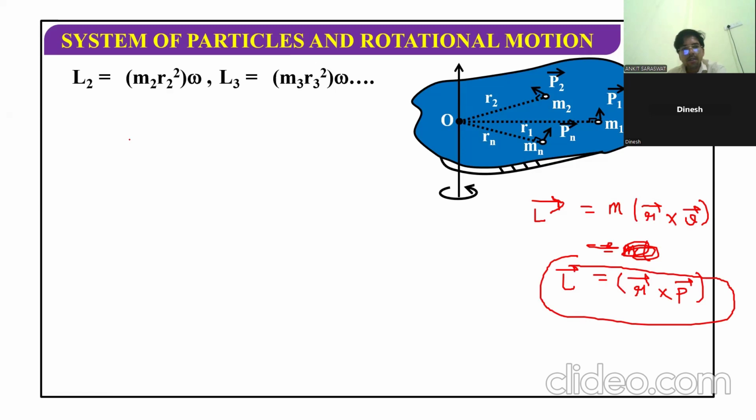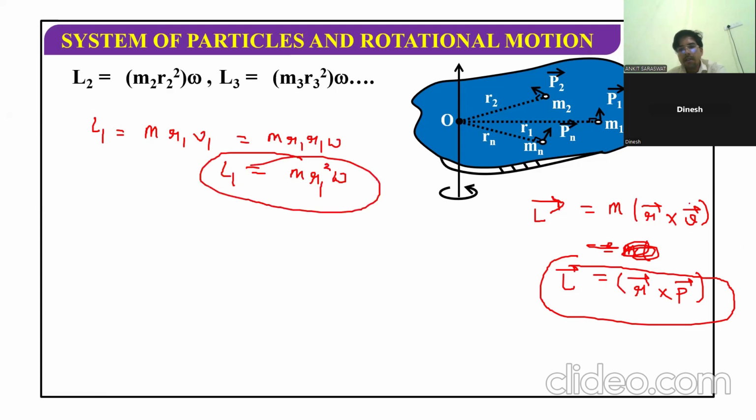If you want to know L1, L1 will be m into r1 v1. v1 is r1 omega, so it will be m r1 square omega. Now, what is the direction of this? We will calculate by r cross v.